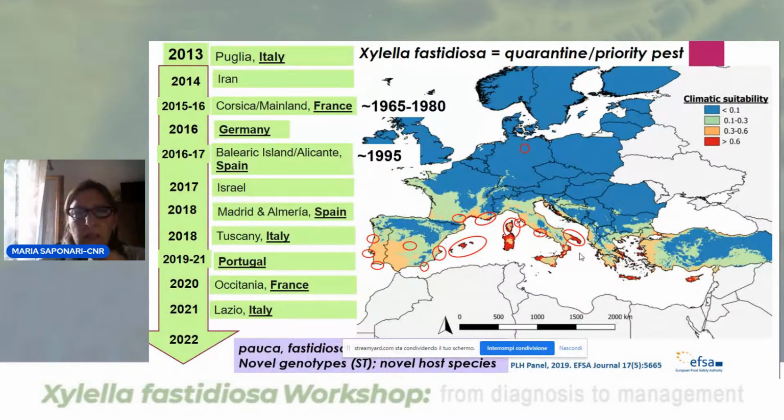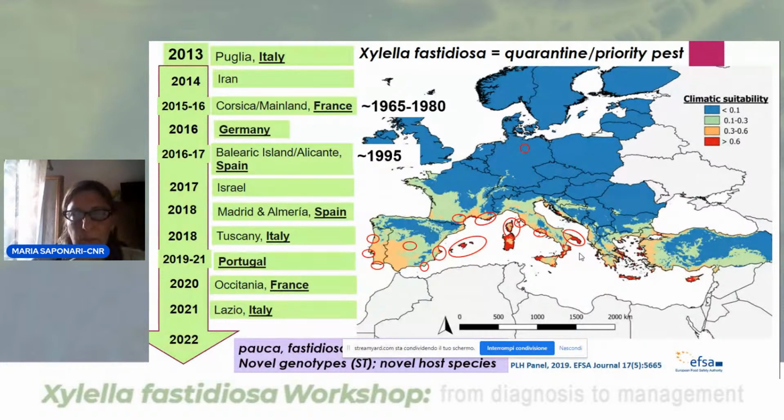And when characterizing some of these strains, we found some novel genotypes or sequence types, which is the general taxonomic classification used for Xylella fastidiosa, indicating that most likely in the American countries, which are the origin of Xylella fastidiosa, there is still some undiscovered genetic variability that then emerged when these strains were introduced in Europe.